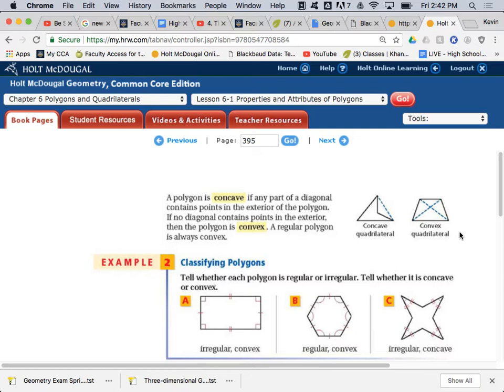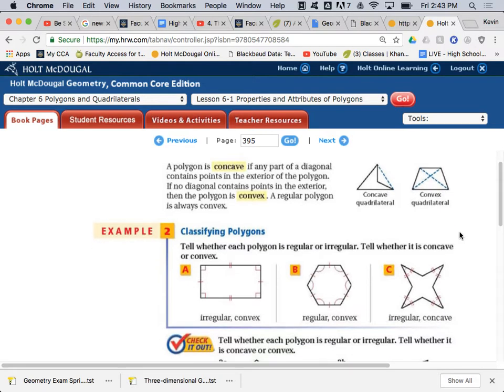That's the technical definition of it. But concave, you see it caves in. Convex, it doesn't cave in. Or in other words, all the diagonals are inside. Remember those definitions. There will be a vocabulary section on this test, so you'll have to remember those.